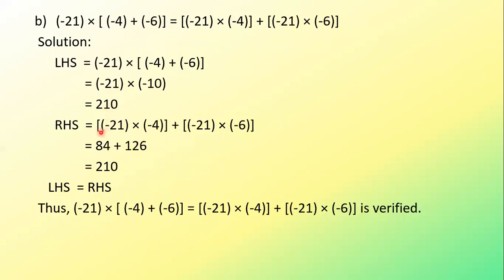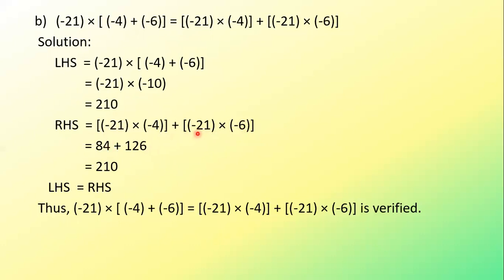Now we will consider RHS: minus 21 into minus 4 plus minus 21 into minus 6. First we will multiply the first part. Minus 21 into minus 4, 21 4s are 84. We are multiplying two negative integers, so our answer will be positive, right? Now we will multiply minus 21 into minus 6. 21 6s are 126.